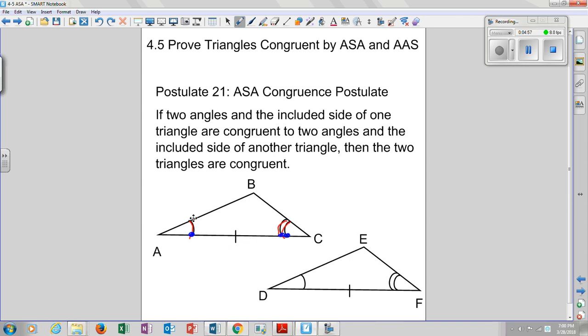So this says that if we're given an angle with a side between it and the other angle, so angle A congruent to angle D, side AC congruent to DF, and angle C congruent to angle F, then we can say that the two triangles are congruent by angle side angle.